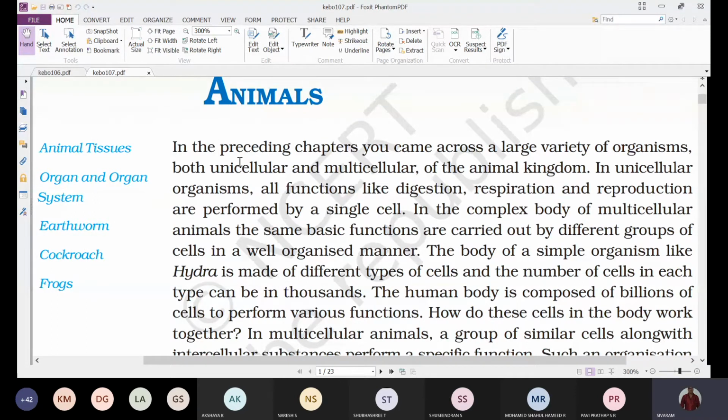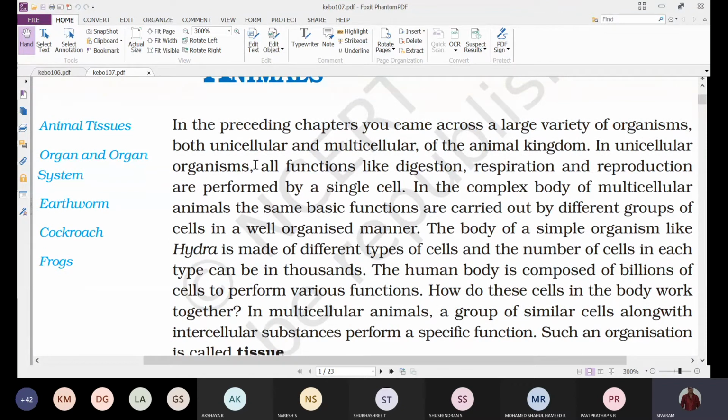So in this chapter, in the preceding chapters you come across a variety of organisms, both unicellular and multicellular, of the animal kingdom. We have discussed protozoa, which are unicellular animals, and the multicellular animals.